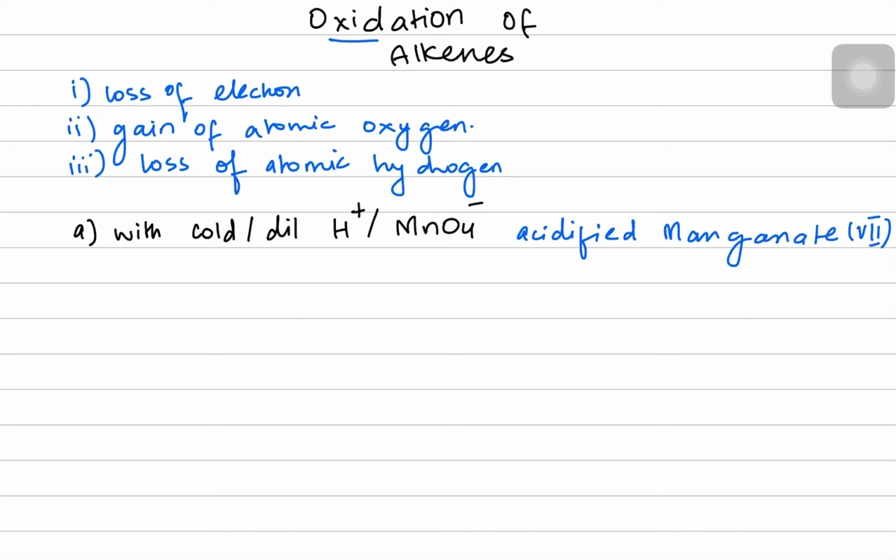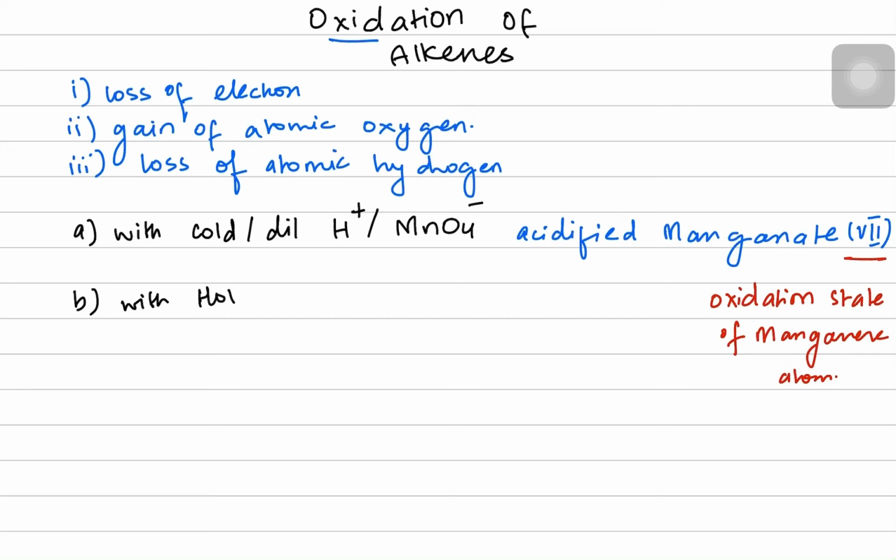Because 7 is the oxidation state of the manganese atom here. So this is our main concern here, that the manganate in the acidic medium will react. The other scenario we could have is with hot and concentrated acidified manganate. So manganate is the same thing, but the conditions determine what kind of reactions will happen here.